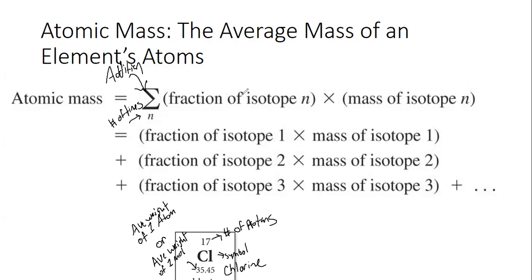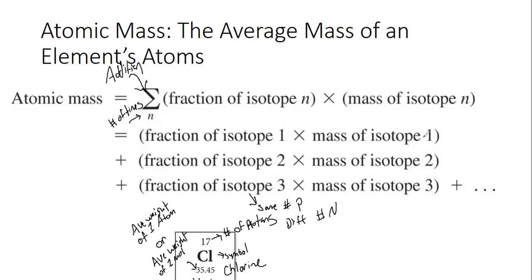So to find atomic mass, we're going to take the fraction of a certain isotope n times the mass of isotope n. Well, what does that actually mean? So let's say chlorine has 3 different isotopes. And remember, an isotope has the same number of protons, different number of neutrons, right? So let's say chlorine has 3 isotopes, and I'm just going to make up numbers.